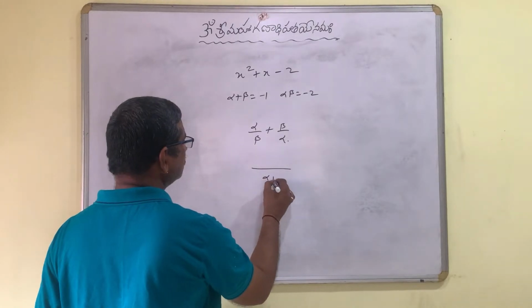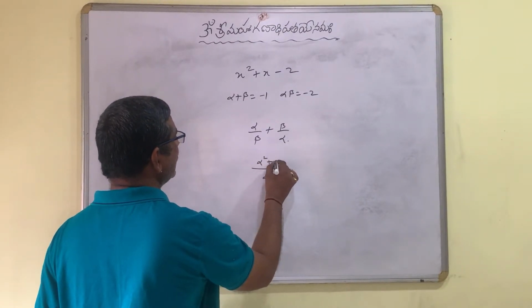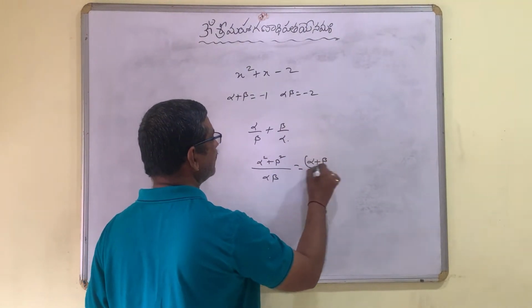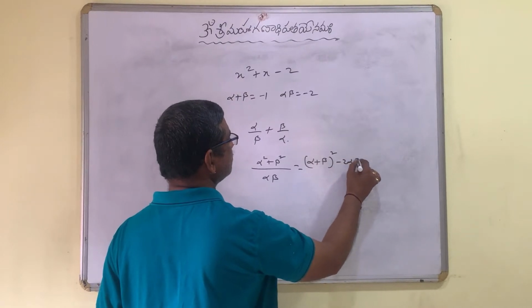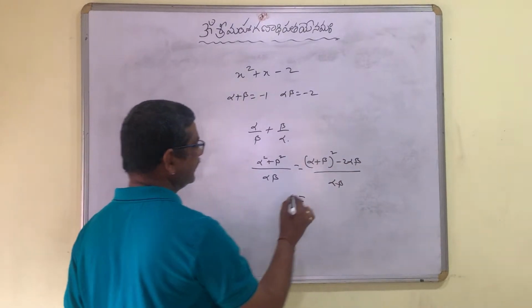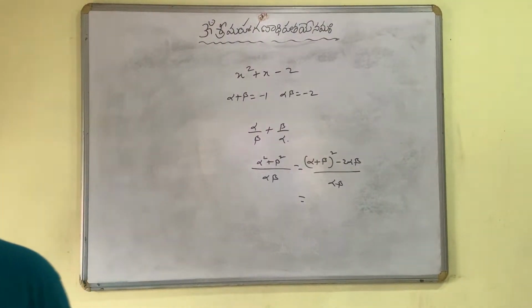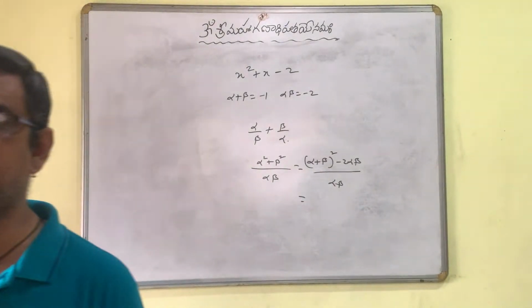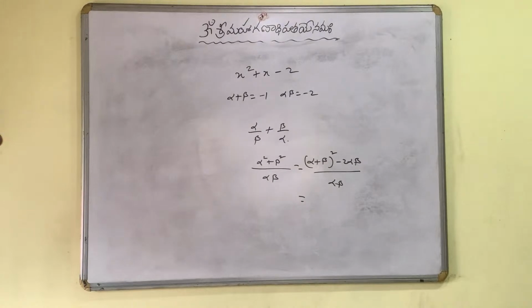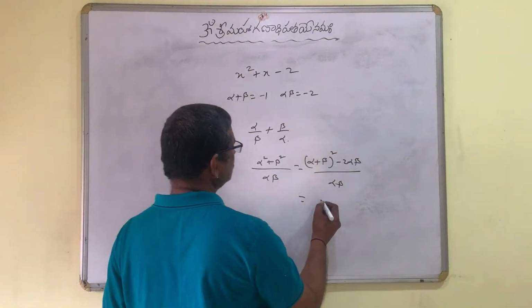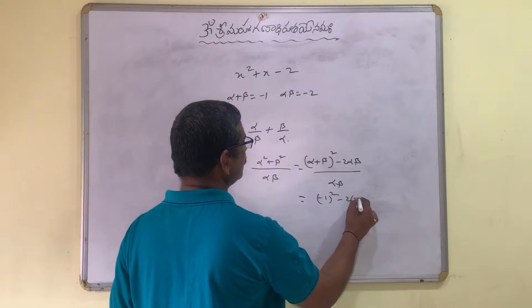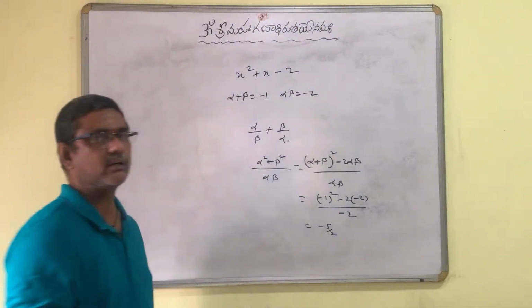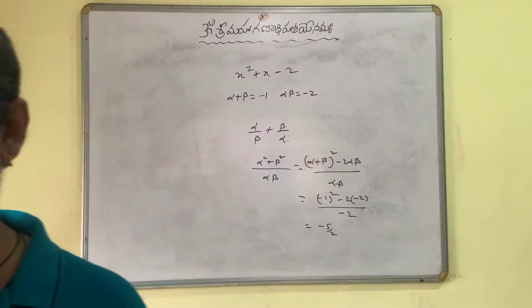If you take LCM, we get alpha square plus beta square by alpha beta. Alpha square plus beta square we can write as alpha plus beta whole square minus 2 alpha beta. Now insert the values: minus 1 whole square minus 2 into minus 2, by minus 2. Negative 5 by 2 is the answer.